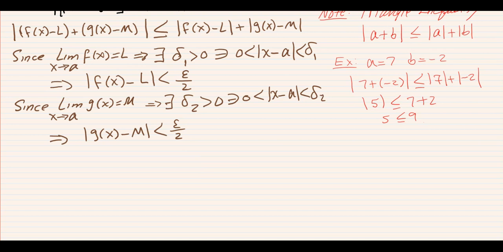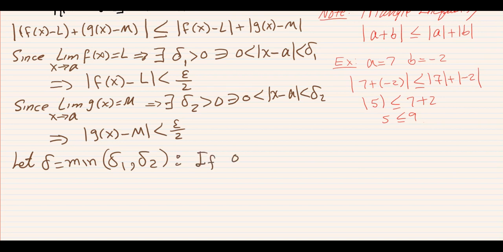Now, if we let delta be the minimum of these two, the minimum of delta 1 and delta 2, that's what we're going to let it be. Now, here's actually what we want to prove.